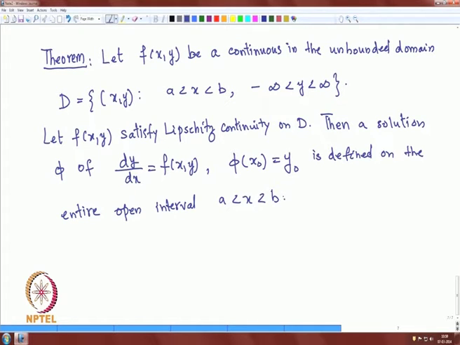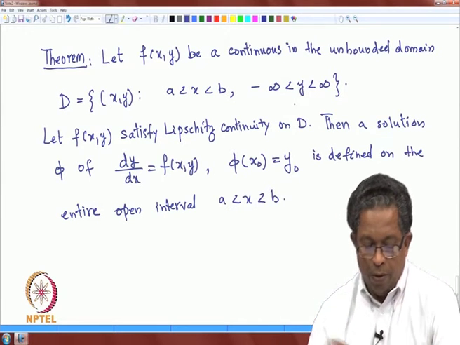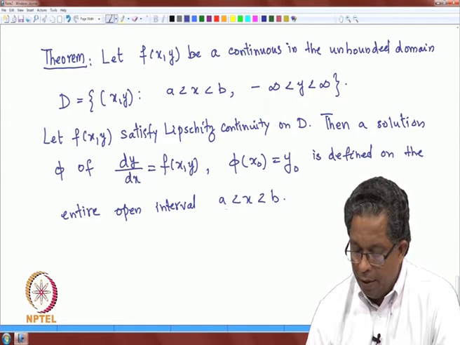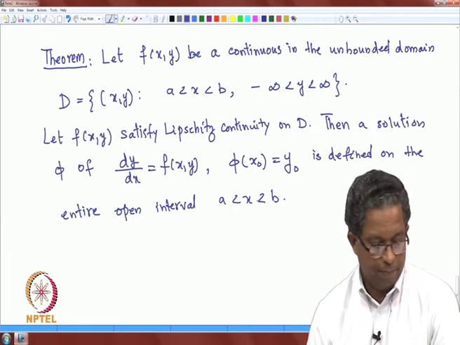So, if the function f is continuous and Lipschitz continuous on a domain that is bounded with respect to x, and is Lipschitz continuous on an unbounded domain of the y axis, then the initial value problem has a solution on the entire open interval x between a and b.